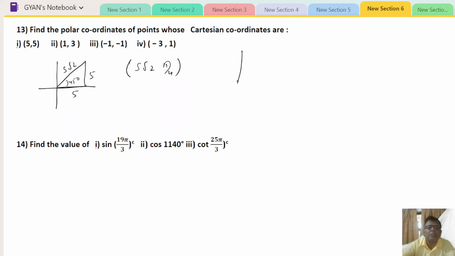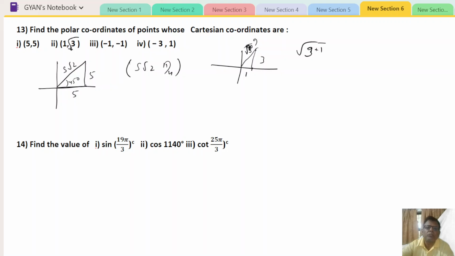Next, x is 1 and this is root 3. So this is root 3 and this is 1. So root 3 square plus 1 square is 3 plus 1, that means 2.